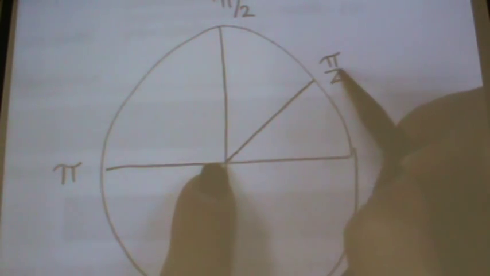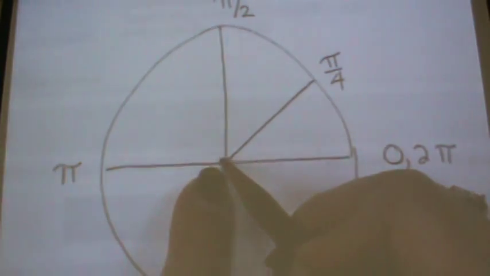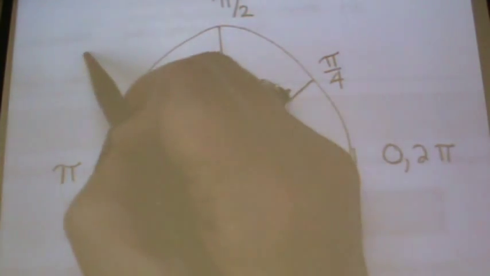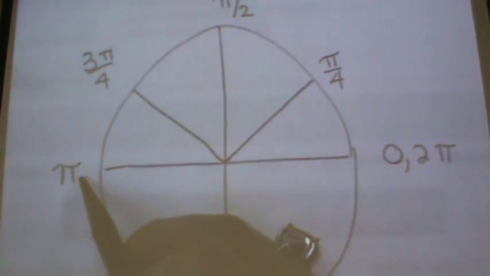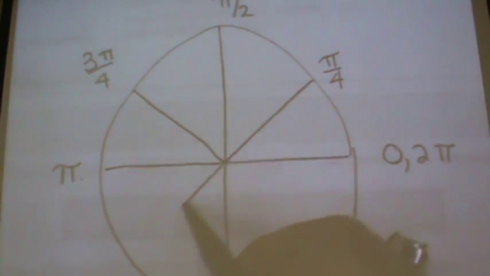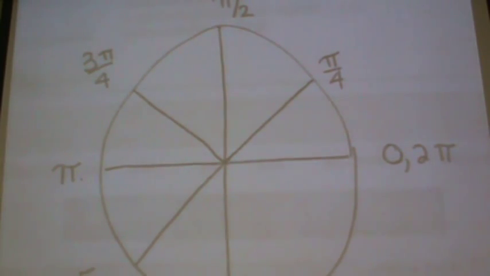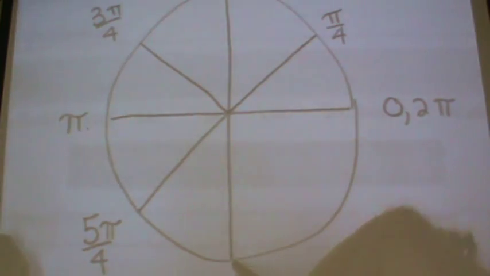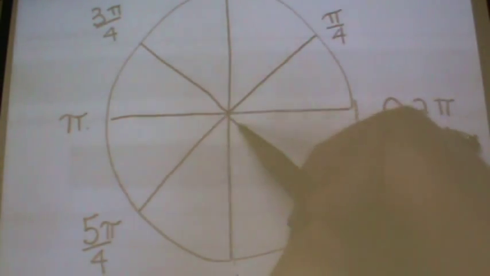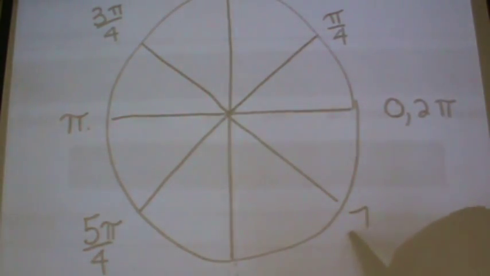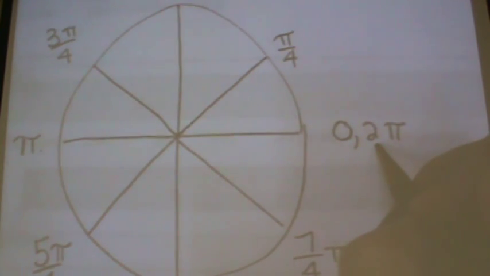This would be 1/4, 2 quarters. What's this? 3/4. This is 4 quarters, this is 5 quarters, this is 6 quarters, this is 7 quarters, and this is 8. 8 quarters is 2.